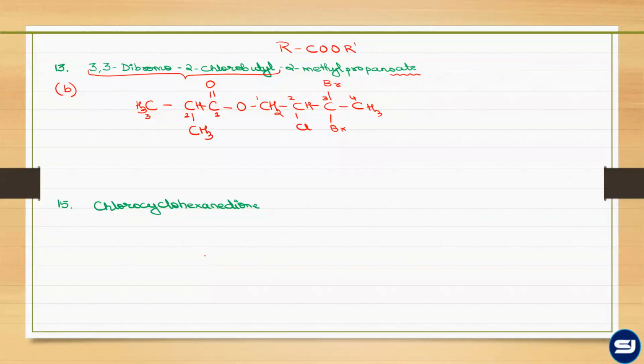15th, which is the wrong IUPAC name of chlorocyclohexane dione? First one, 3 chloro 1,4 cyclohexane dione.